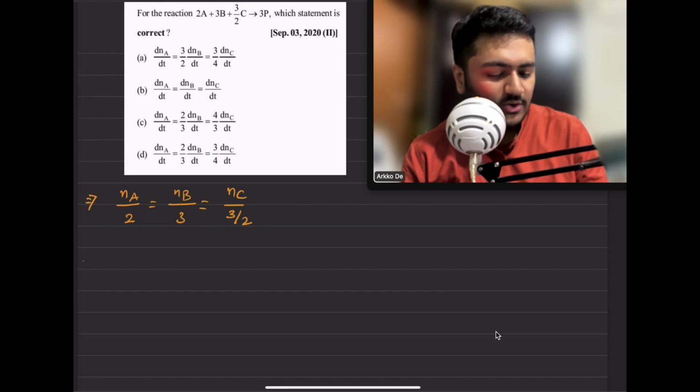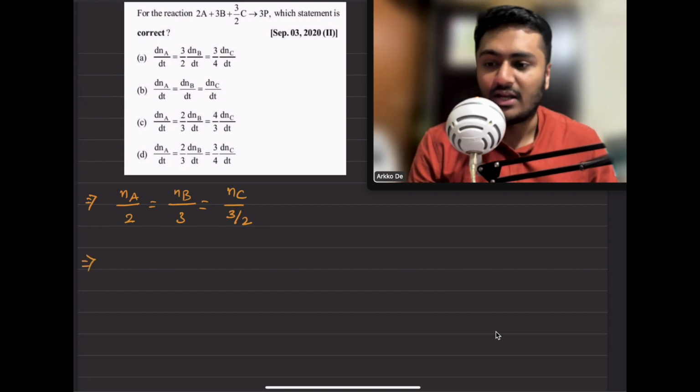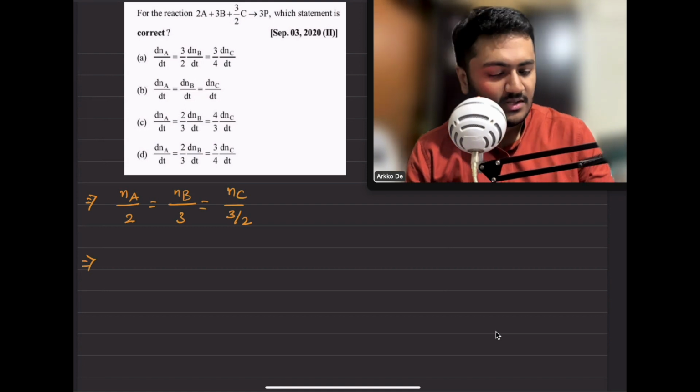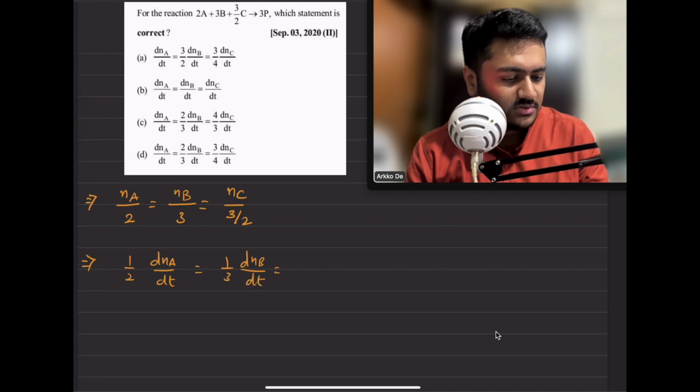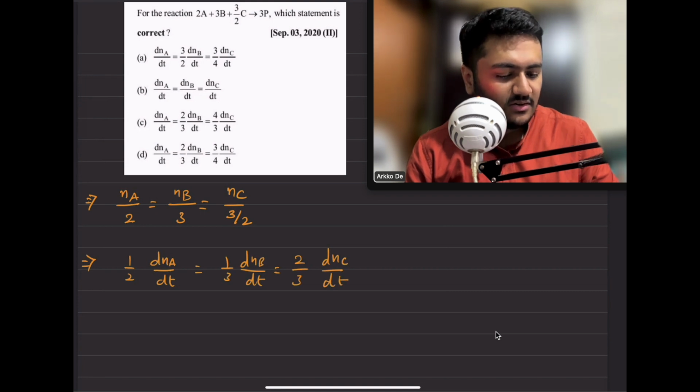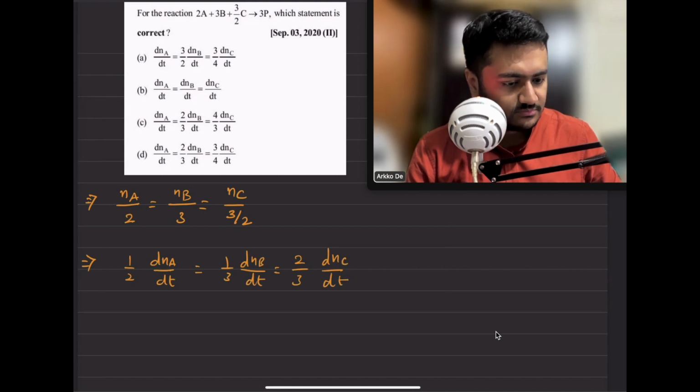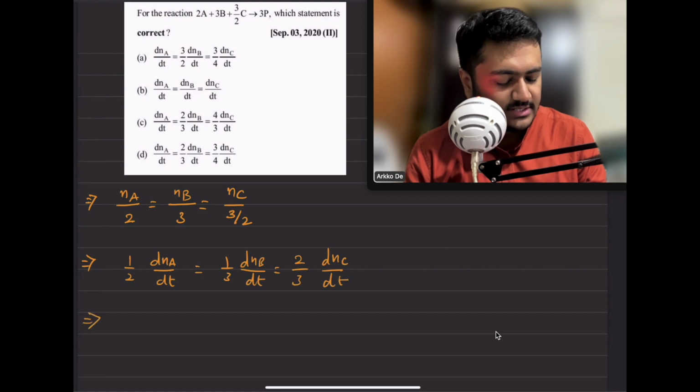Now we are going to differentiate this particular equation with respect to time. We'll get half dnA by dt equal to 1 by 3 dnB by dt equal to 2 by 3 dnC by dt. Now we need to understand which of the following options fit the particular equation.